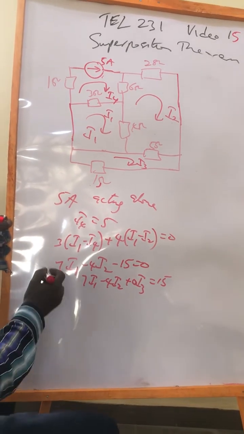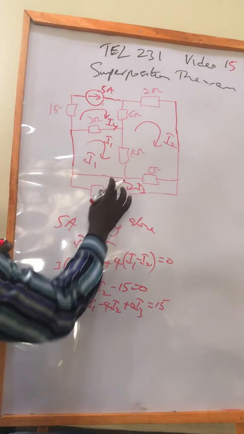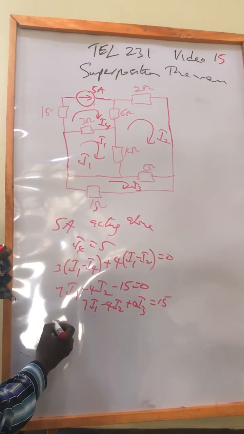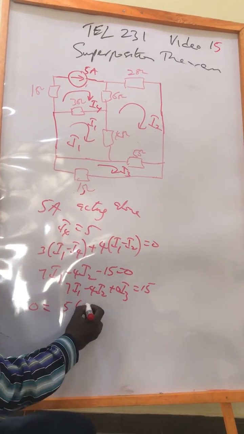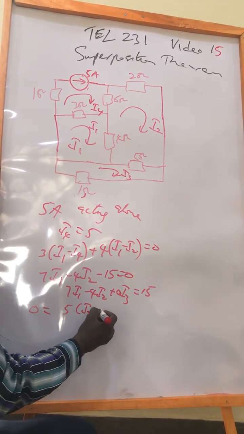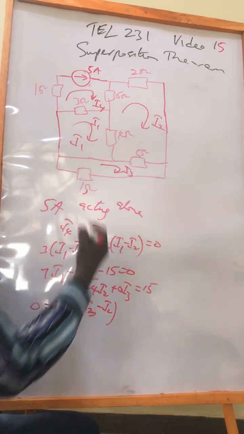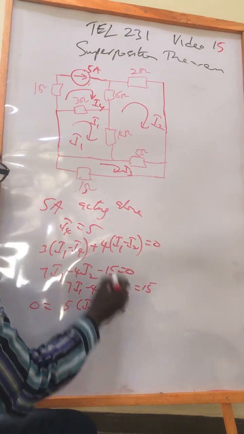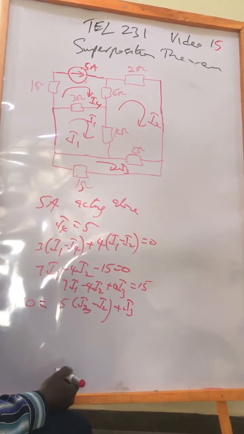Now, let's go to this mesh. There is 0 EMF there. We are going to have 5 times I3 minus I2, because I3 is going like that and I2 is going opposite, plus this one, 1 ohm, I3 going through it.